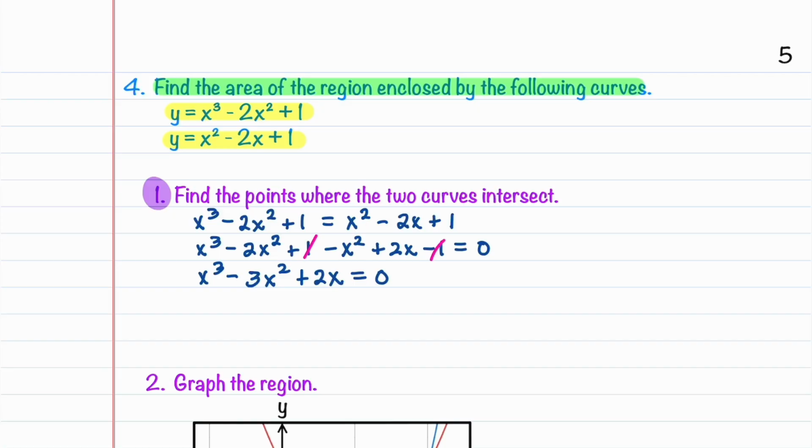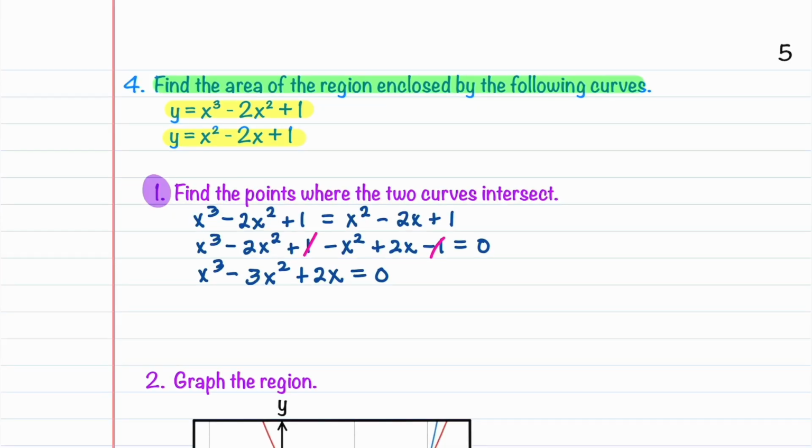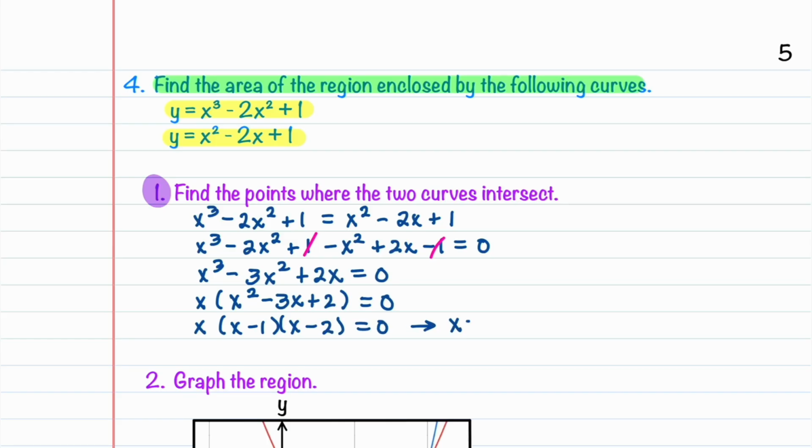Notice that x is common to all three terms, so we can factor that out. And this leaves us with x squared minus 3x plus 2 is equal to 0. We can factor our quadratic as x minus 1 and x minus 2. And this gives us that x is equal to 0, 1, and 2.